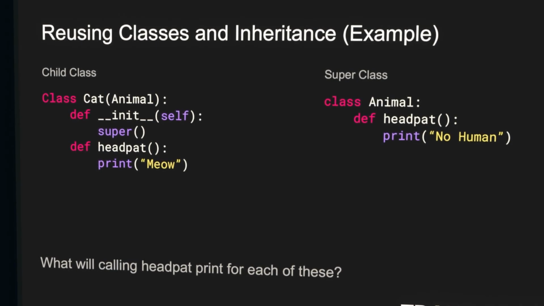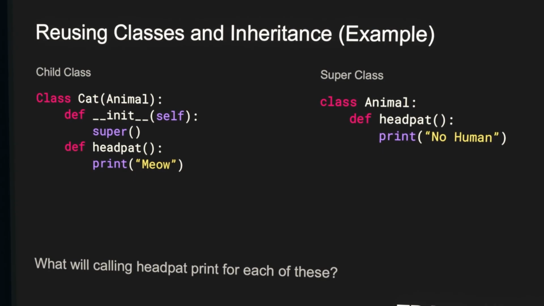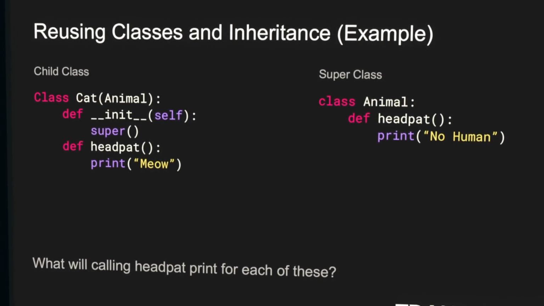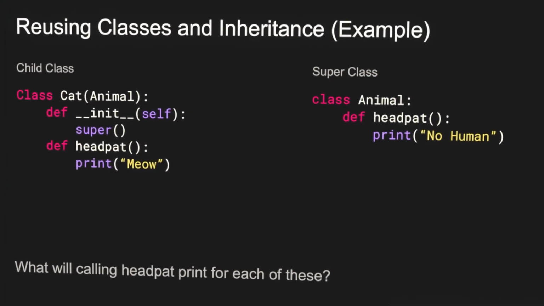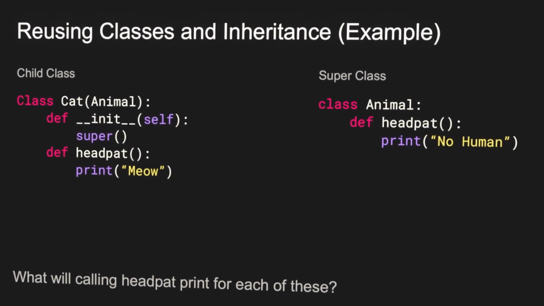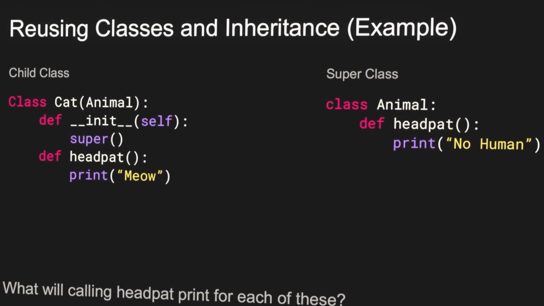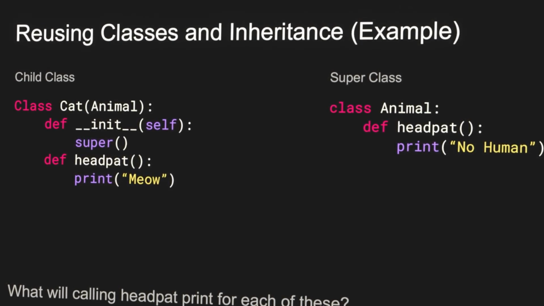Meanwhile, we have a class called cat, which is a child class, as in it is inherited from animal, and it also has a headpat method.